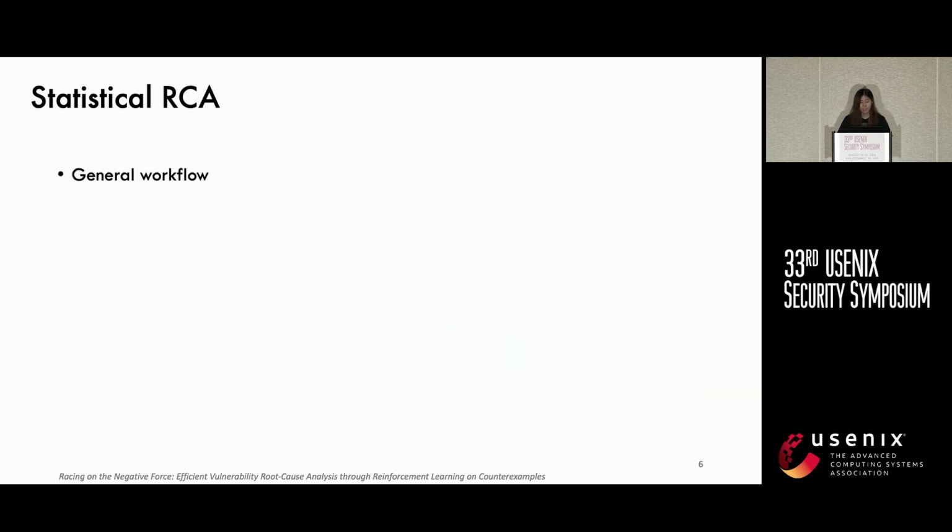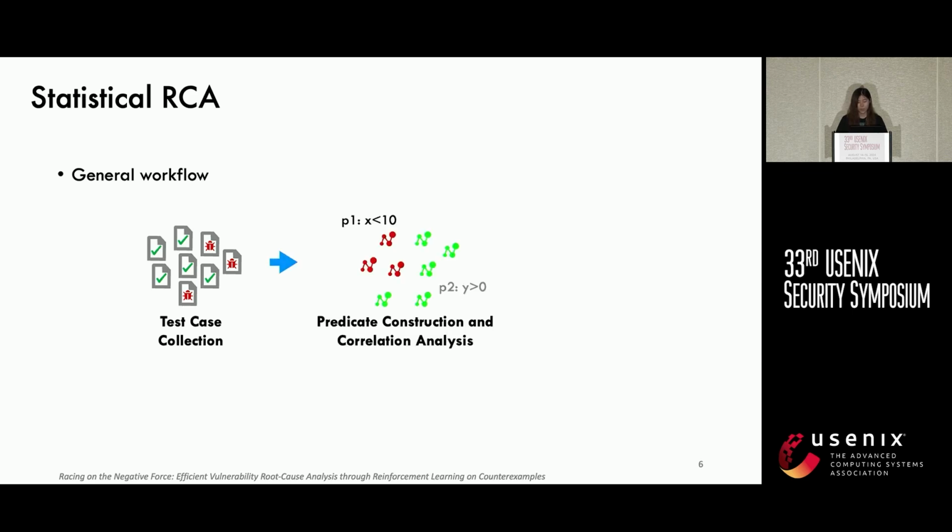Generally speaking, the statistical approach begins by generating a large number of inputs, referred to as test cases, which include both crash inputs, making the program crash, and non-crash inputs, leading the program to a normal end. The statistical approach then enumerates all possible predicates based on the test cases and calculates the correlation between each predicate and the crash.